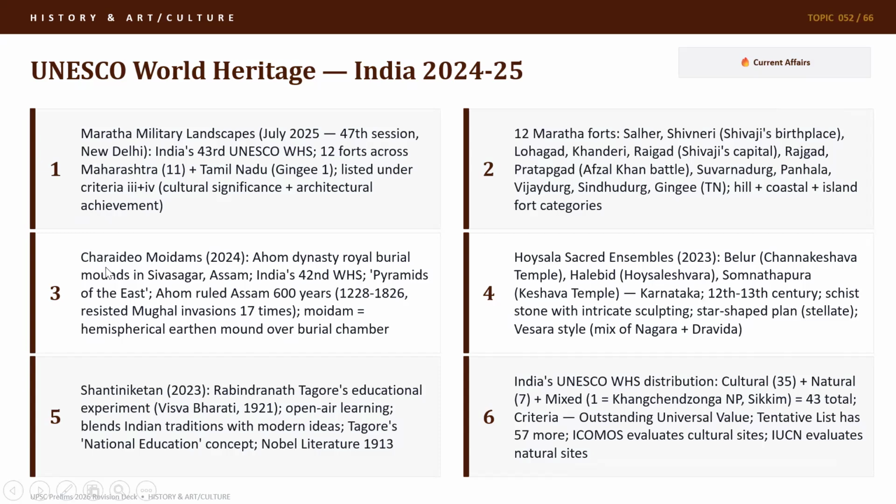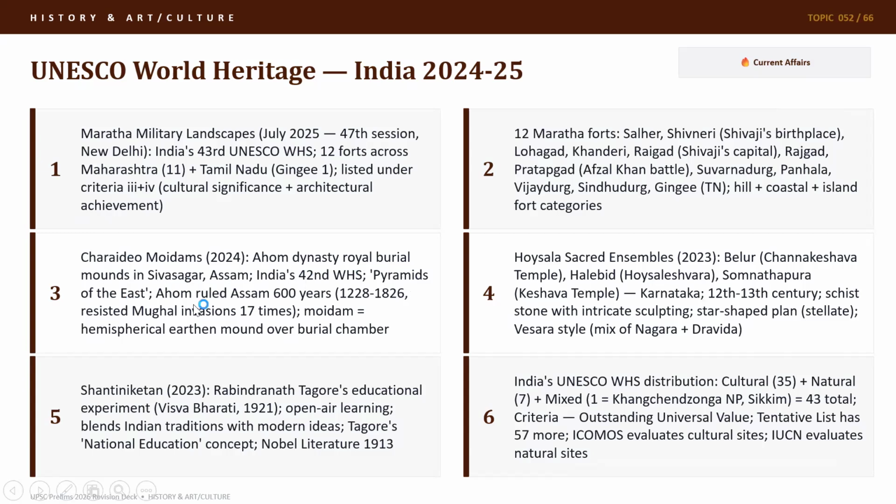We have Charaideo Moidams, the Ahom dynasty royal burial mounds in Sivasagar, Assam, which became India's 42nd World Heritage Site. In Assam, the Ahom dynasty is one of the prime dynasties, with very rich cultural, architectural and warrior heritage. Their burial mounds, now known as Charaideo Moidams, were included as the 42nd World Heritage Site, and they are also called the Pyramids of the East.